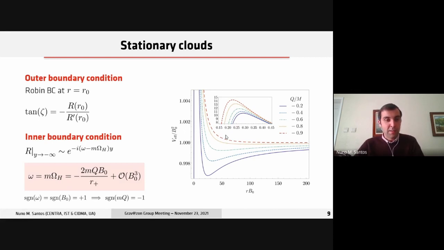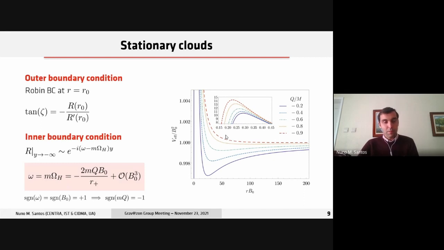Note that this is just a detail. If we assume that omega and B naught are positive, then the product of small m times q must be negative. That is why I just plot the effective potential for negative charge to mass ratios.